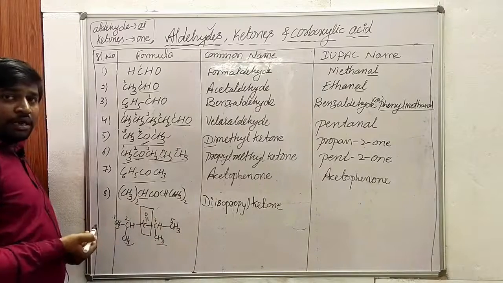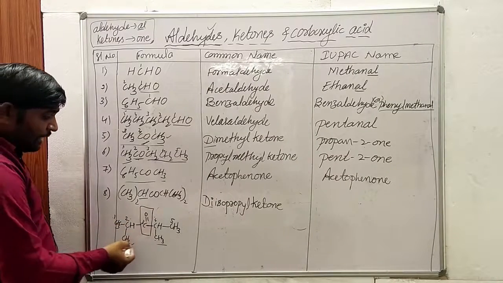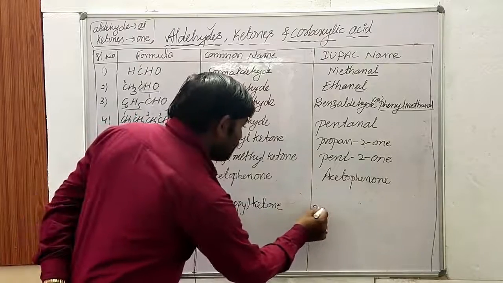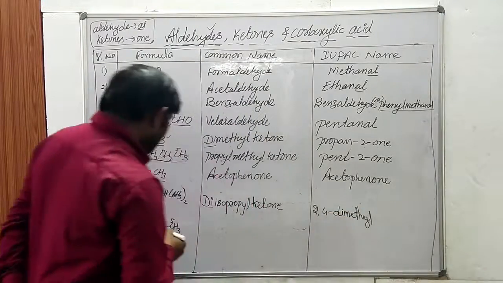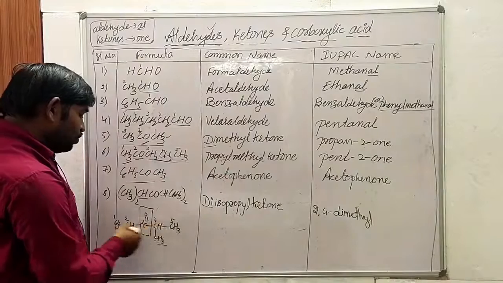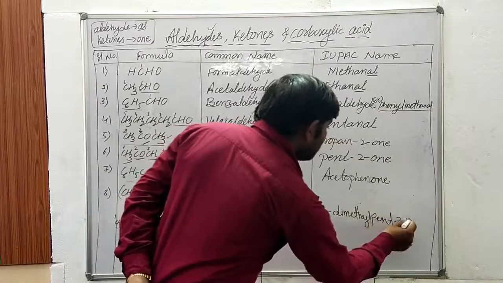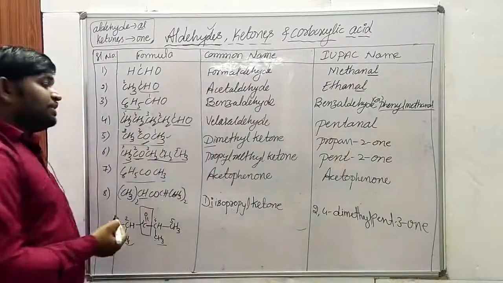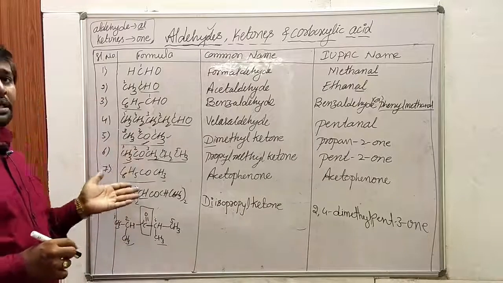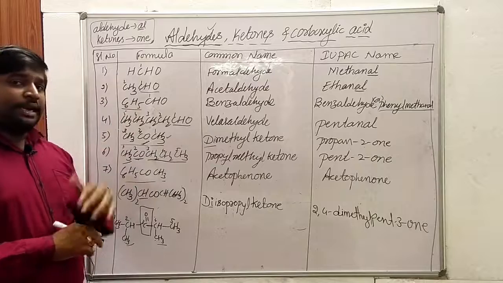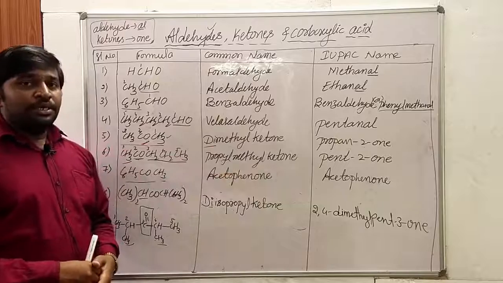Next we write the functional group, the suffix. So 2,4-dimethyl, pentane is the word root, pentan-3-one. 2,4-Dimethylpentan-3-one is the IUPAC name of this given compound. Similarly, we may write the names of a number of organic compounds like aldehydes and ketones, and assign the respective common names as well as IUPAC names.